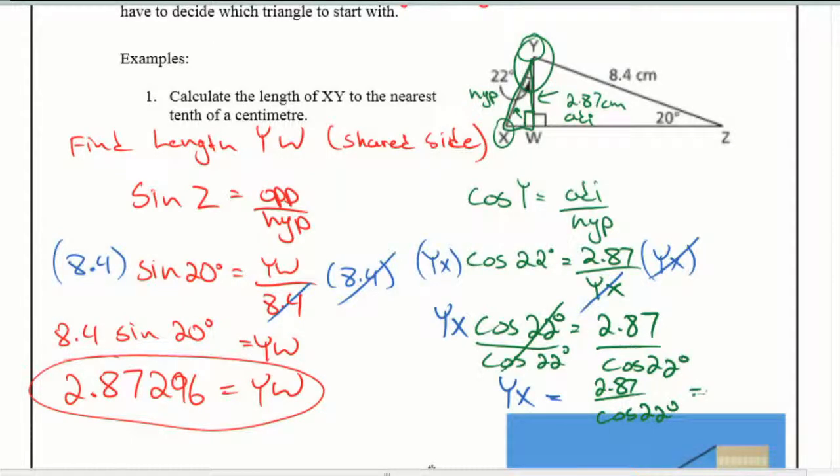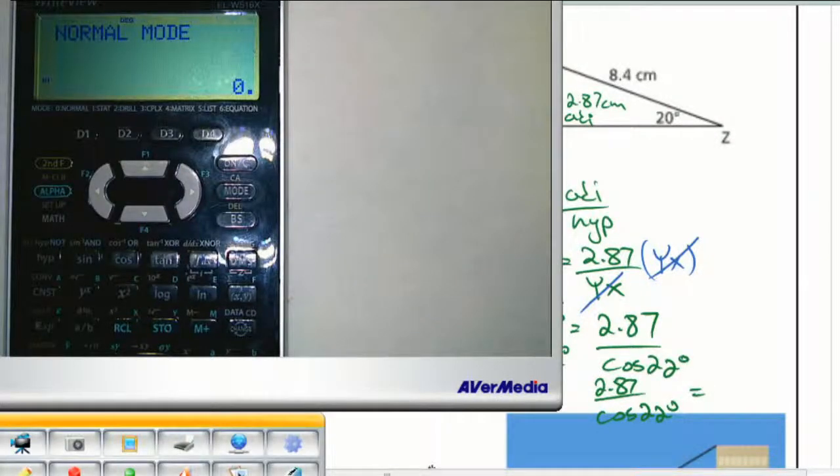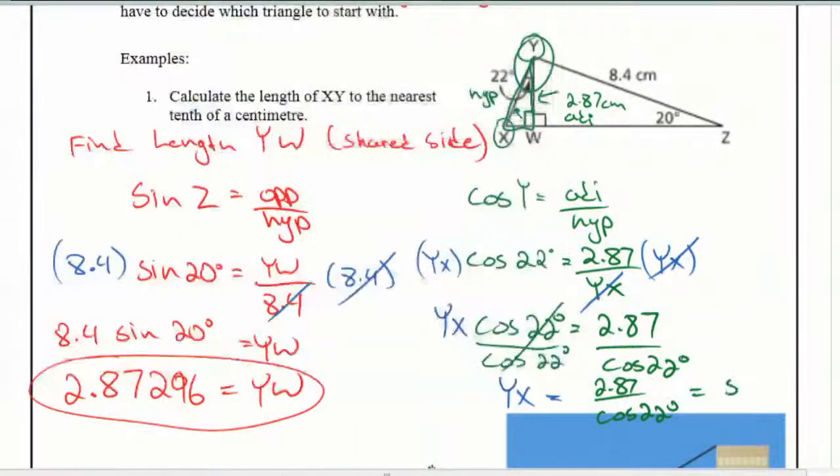And we can calculate that. Again, I can just plug it into my calculator. 2.87 divided by the cosine of 22 gives me 3.09 or 3.1. So that was what the question had originally asked for, that YX. So I had to find the shared side to get it.